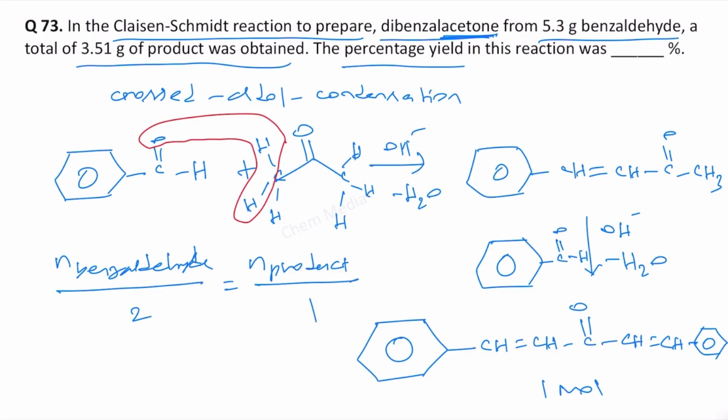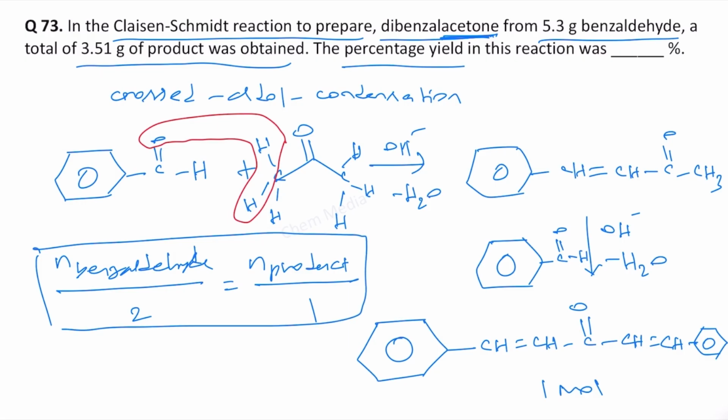If we want to put divided by 1, that's fine. This is the stoichiometric ratio, because if we have 2 moles of benzaldehyde, you will get 1 mole of product. If you have 1 mole of benzaldehyde, then you will get half a mole of the product. If you have half a mole of benzaldehyde, then you will get 1 by 4 mole of product. That's why we are dividing it by 2. This is the way we write the stoichiometric moles.